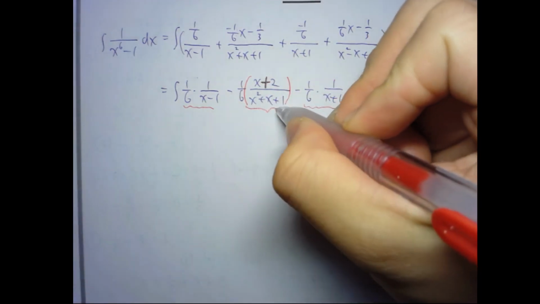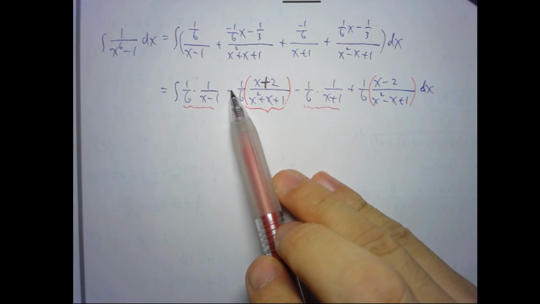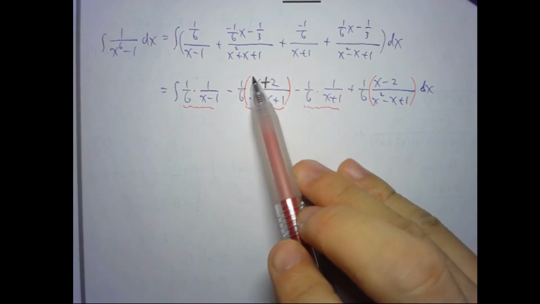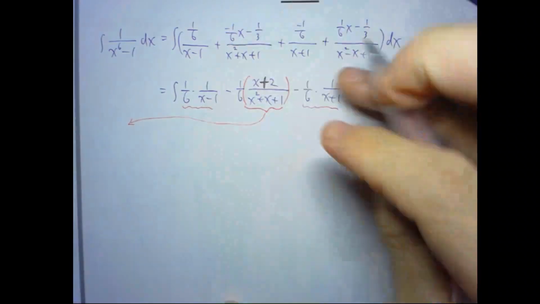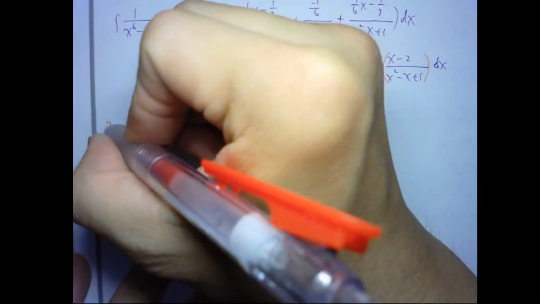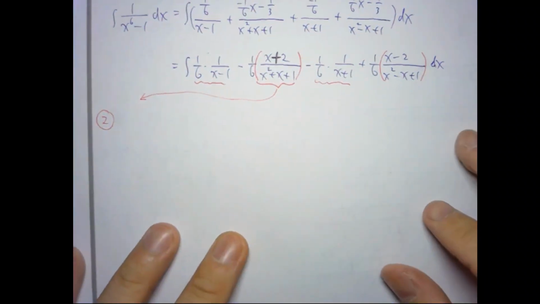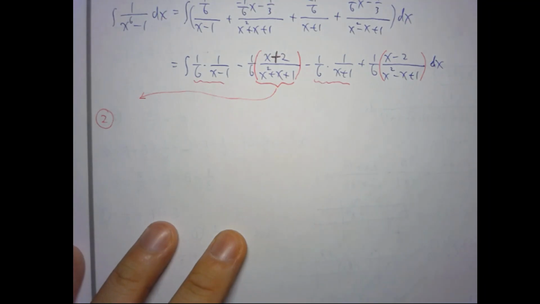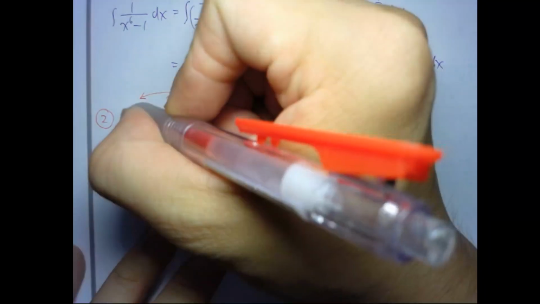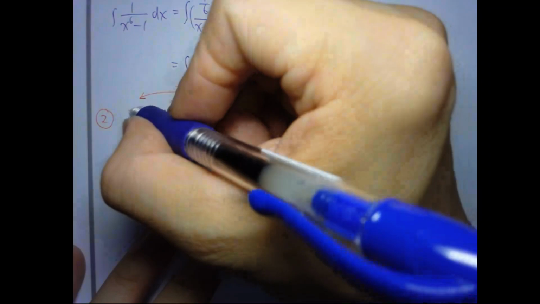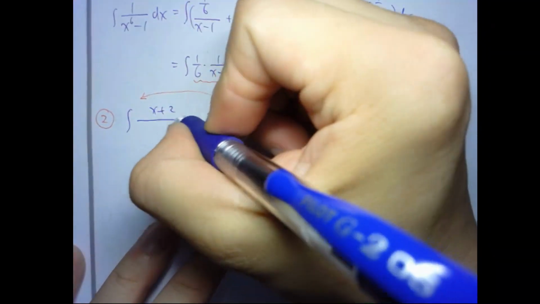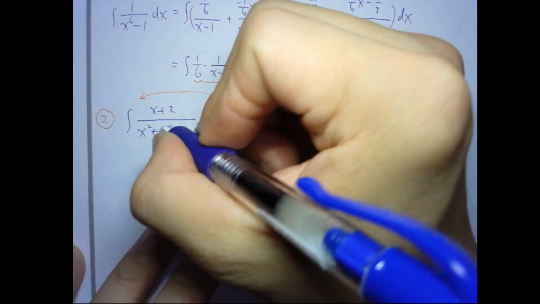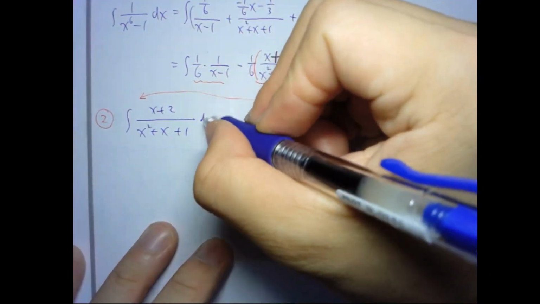I will ignore the negative 1 over 6 first. So for the second one, we need to integrate x plus 2 over x squared plus x plus 1 dx.